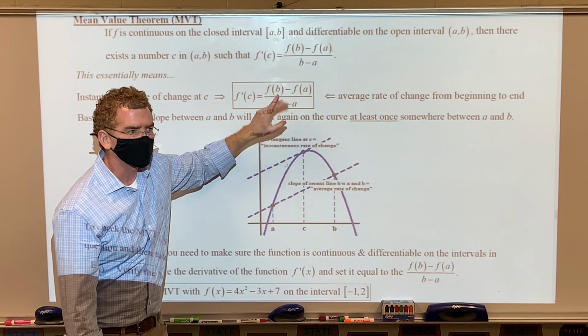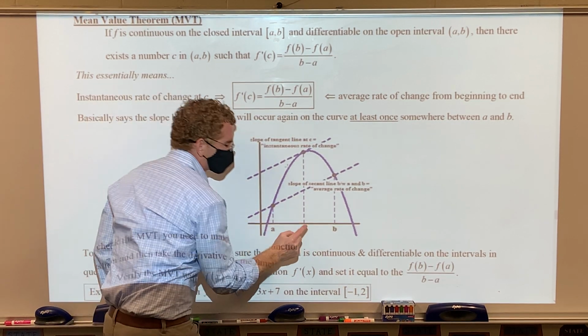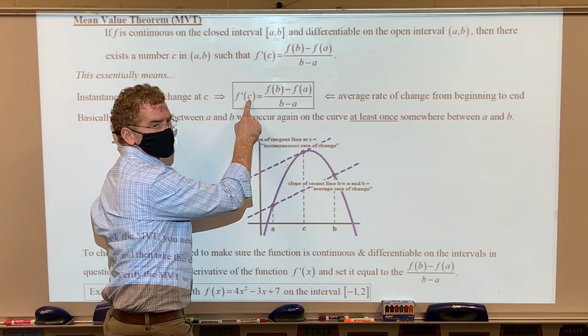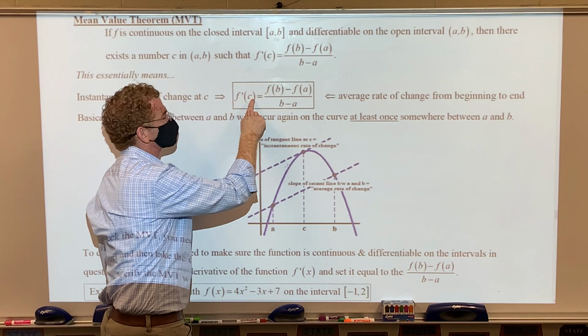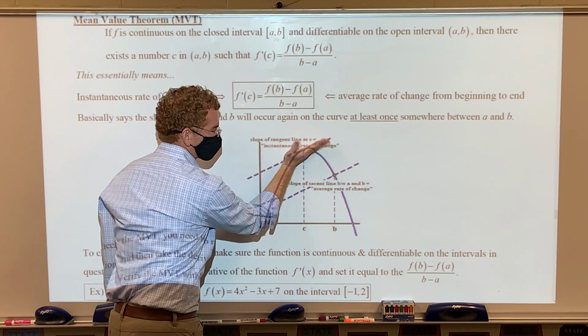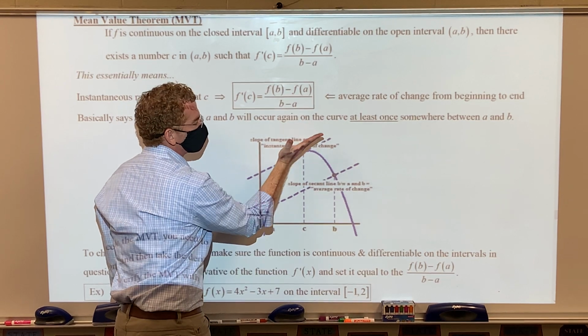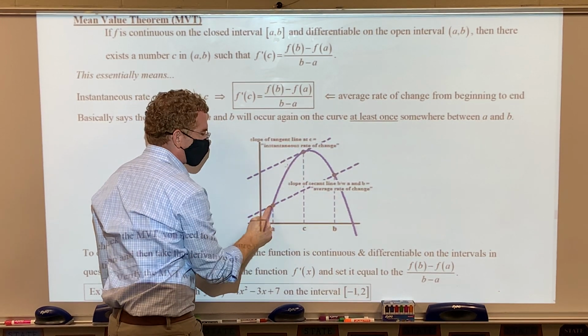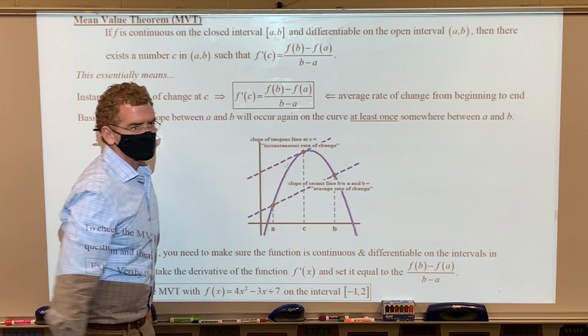All right? So the mean value theorem says that at some value of c, the slope at that c, so that's the derivative of the function, is going to be the same as the average rate of change from a to b, which is the slope from beginning to end.